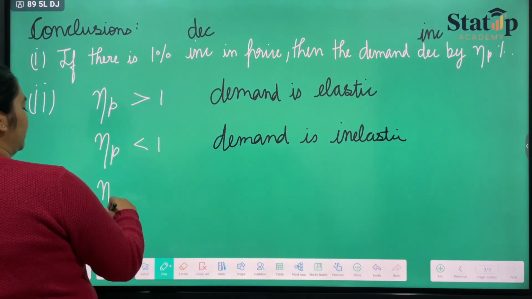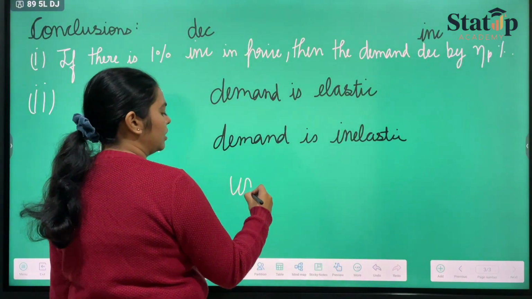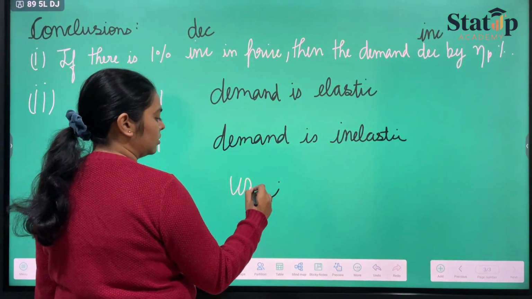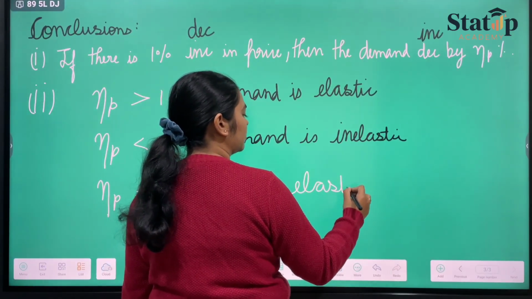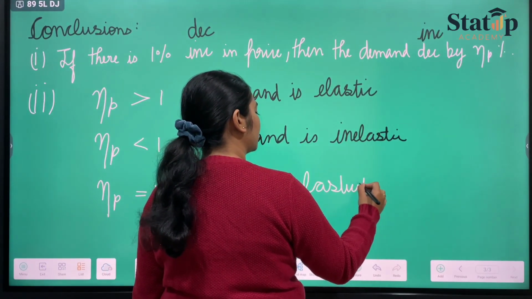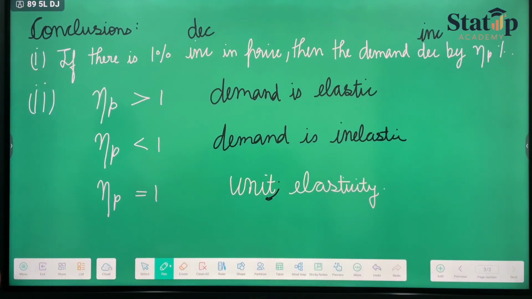And if eta p is equal to 1, then we say there is unit elasticity. Okay, so these are the conclusions that we draw.